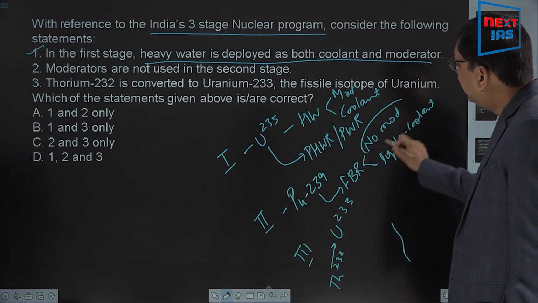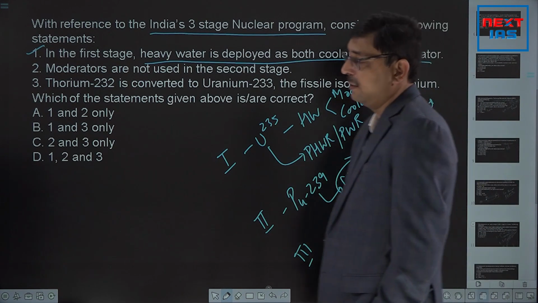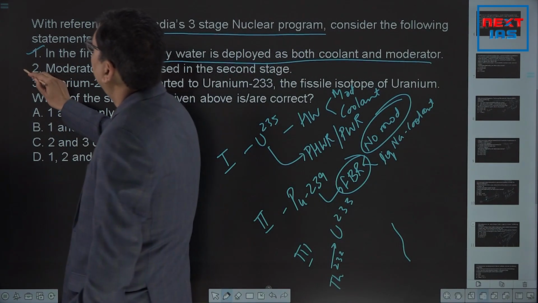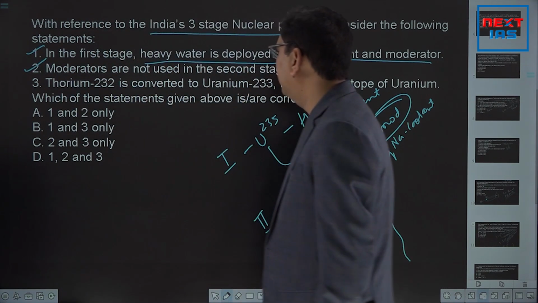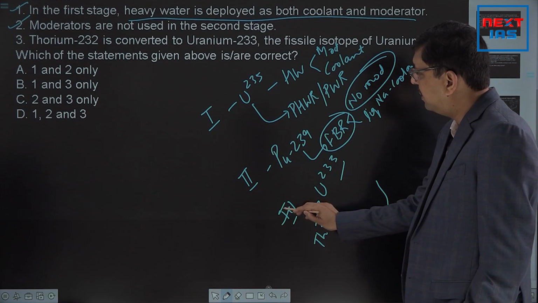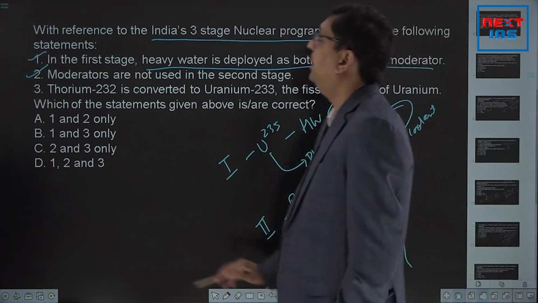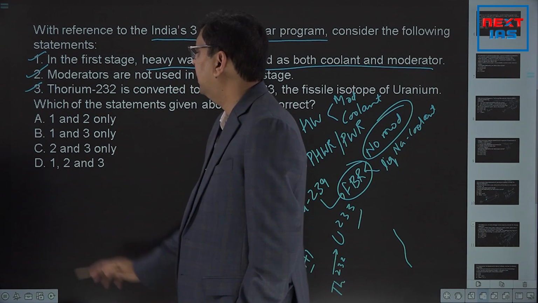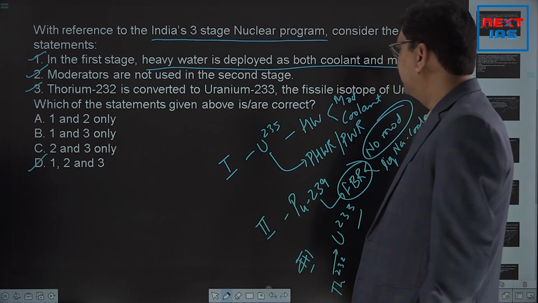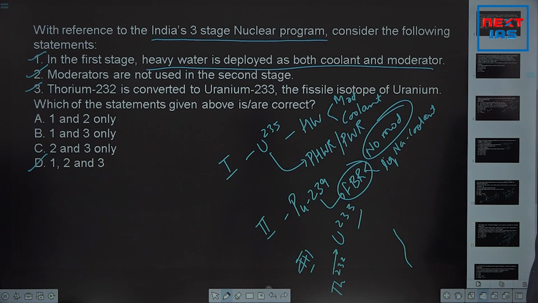Yes, that is why they are called fast breeder reactor or fast neutron reactor. So this statement is also right. Thorium-232 is converted into uranium-233. This is the third stage. So this is also right. Answer is D, 1, 2 and 3. Fine. So this is with respect to thorium.